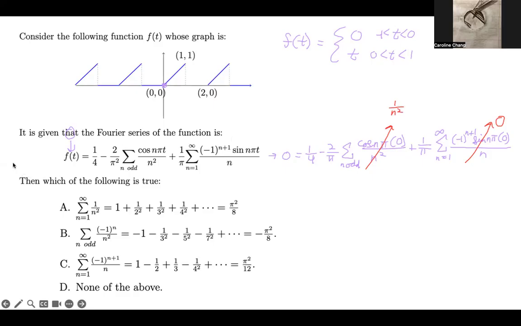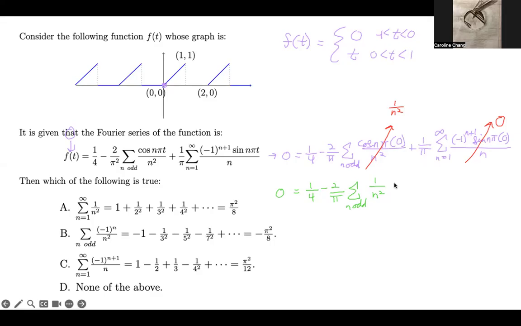So essentially, we're only looking at 0 is equal to 1 over 4 minus 2 over pi summation when n is odd of 1 over n squared plus 0.